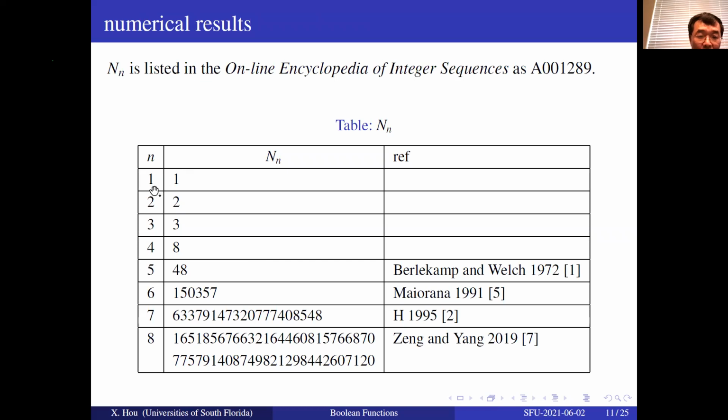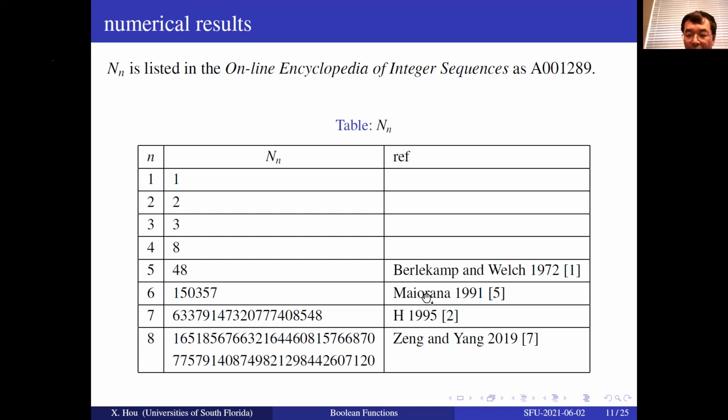When n is from 1 to 4, it is quite obvious; you can easily determine those numbers: 1, 2, 3, 8. Then in 1972, Berlekamp and Welch determined that N5 is equal to 48. They classified all the cosets of the Reed-Muller code R(1,5), and determined that there are 48 equivalence classes of such cosets.